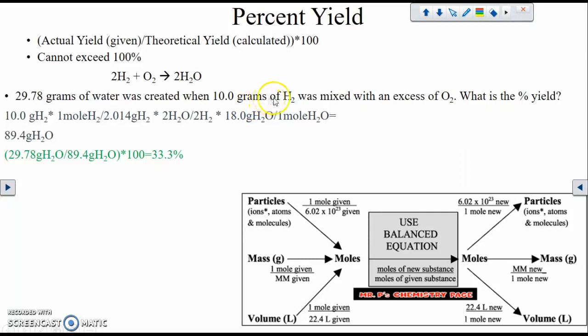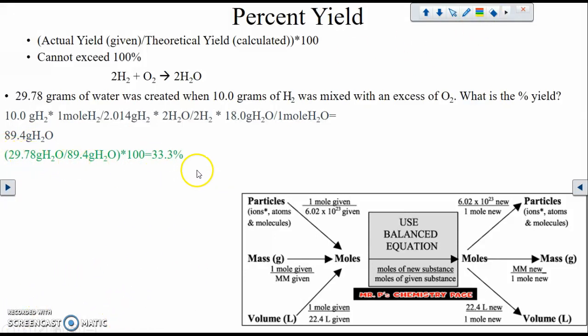So in here again, we work from grams of H2 to the theoretical grams of water, and we found out that the amount of water that was 100% produced from 10 grams of hydrogen is this. Then we compare what we actually got with what theoretically we should get. That's how you get the percent yield.